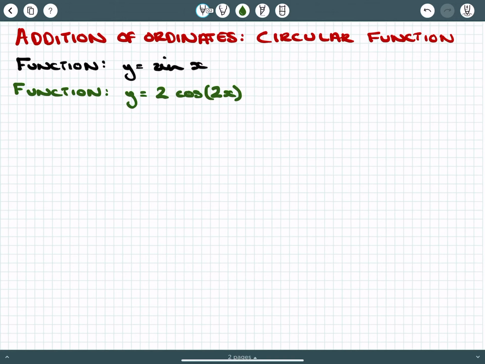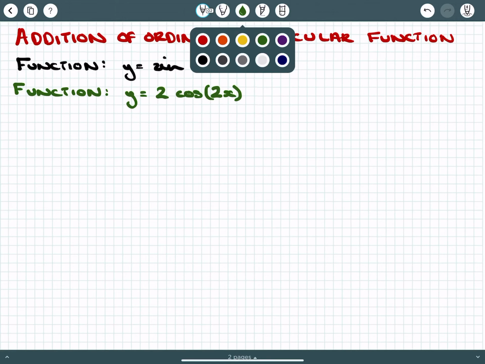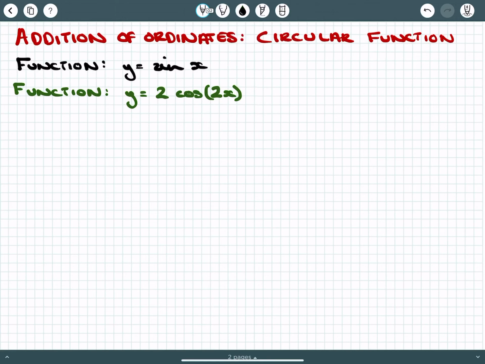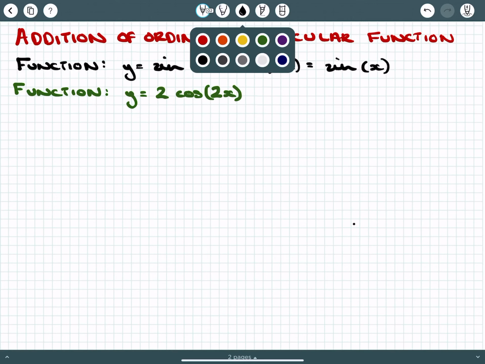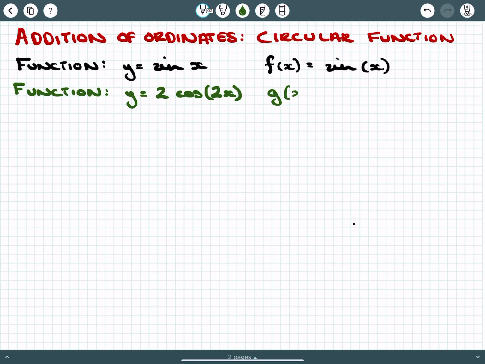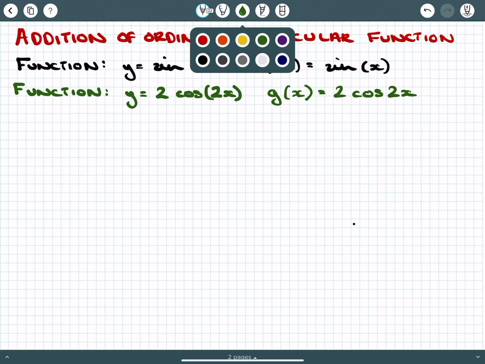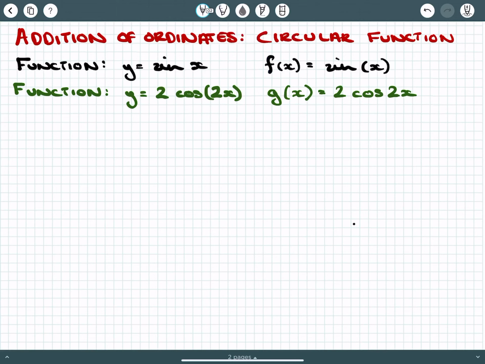Now these are really important because the amplitudes are different between both functions, and the period is different between both functions. So just to put it in function notation, we might write it as f(x) equals sin x, and we might say g(x) equals 2 cos 2x.